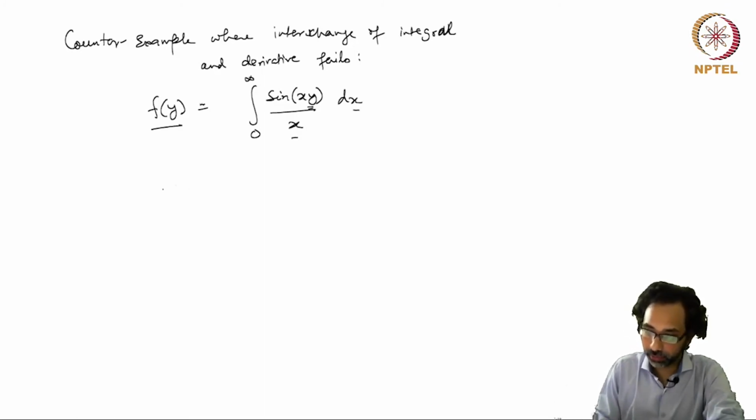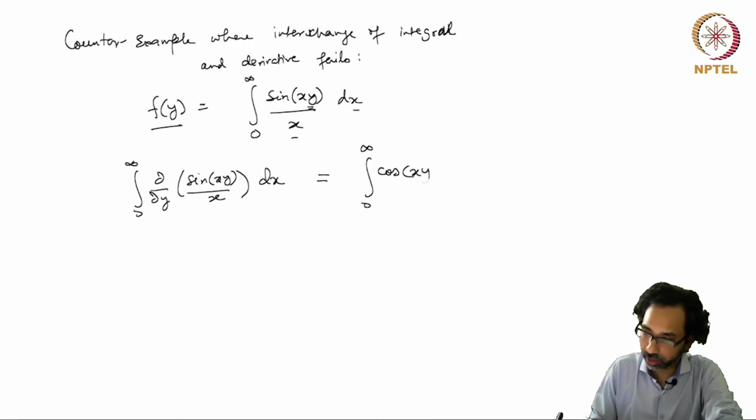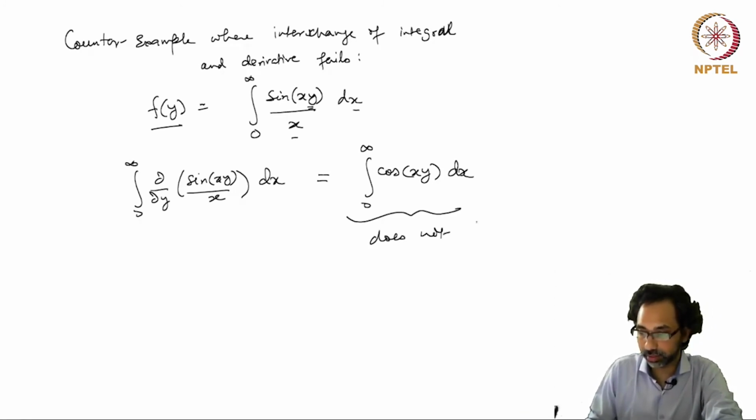Now if you write the integral with the partial derivative with respect to y of sin(xy)/x dx, then this is simply the integral from 0 to infinity of cos(xy) dx, and we know that for any value of y this integral does not exist.